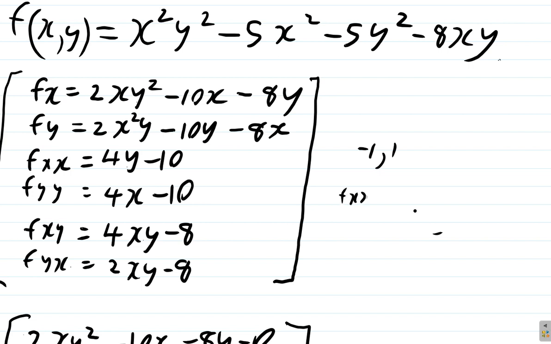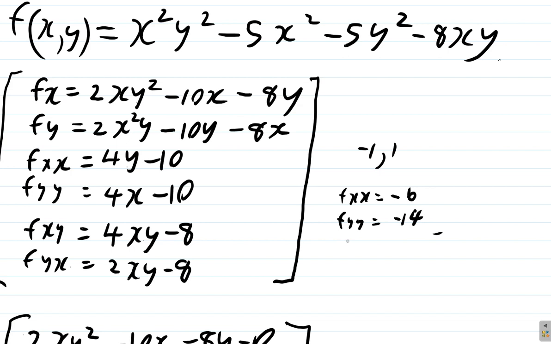So f of xx would be a negative 6. f of yy would be what? It would be 4 by negative 1. Negative 4 minus 10, negative 14.